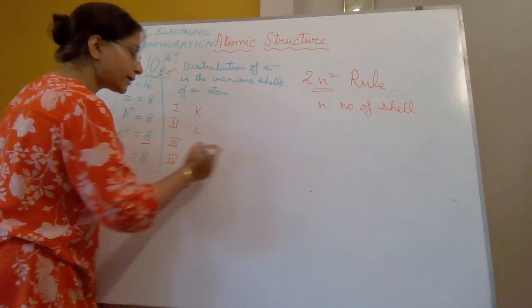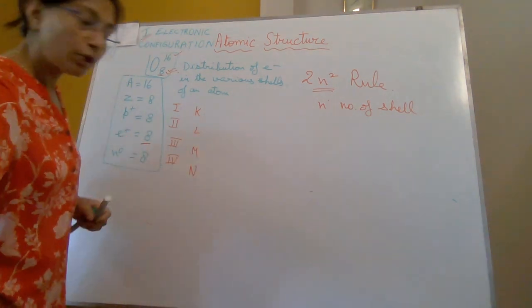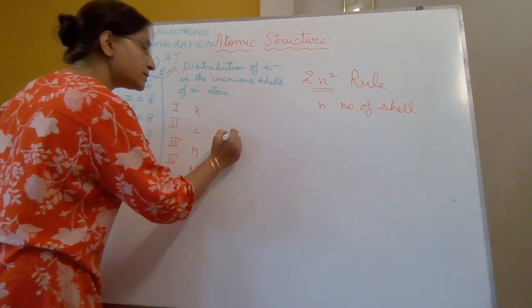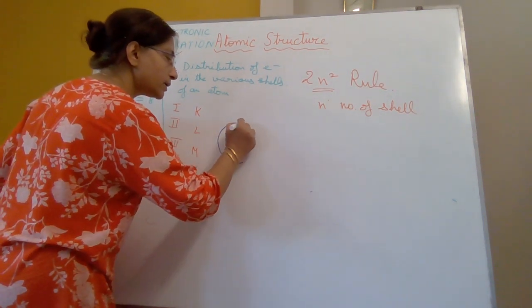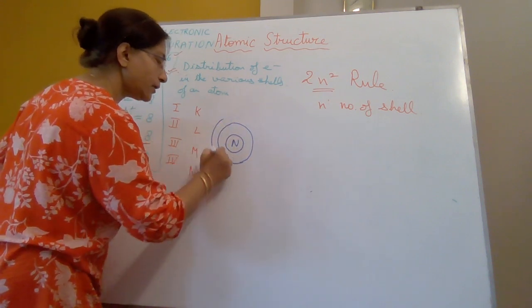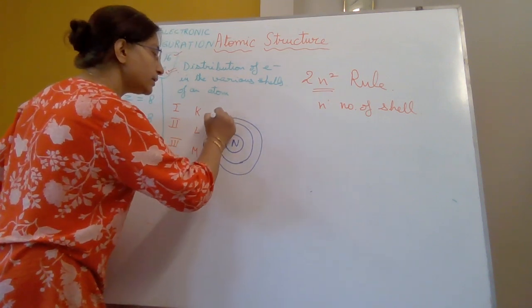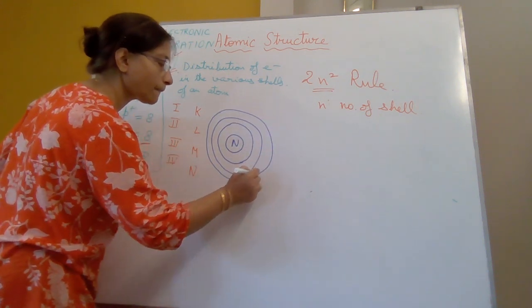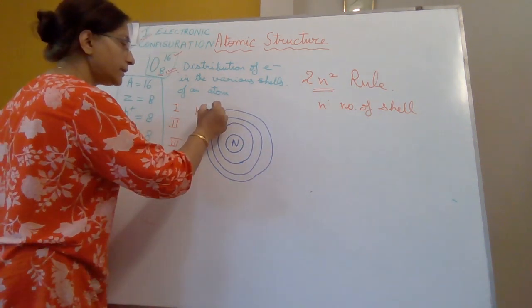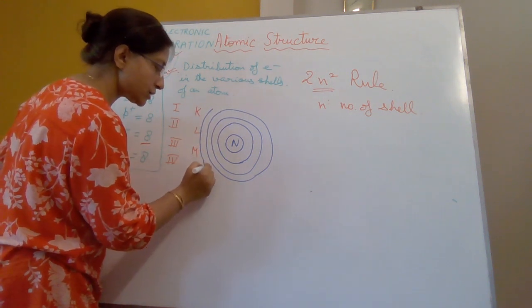If you draw a diagram of an atom, if this is the nucleus, here is the K shell, then we have the L shell, then the M shell, and in the end the N shell.